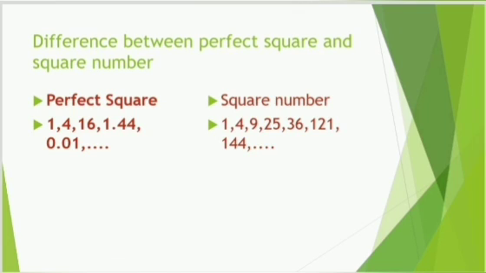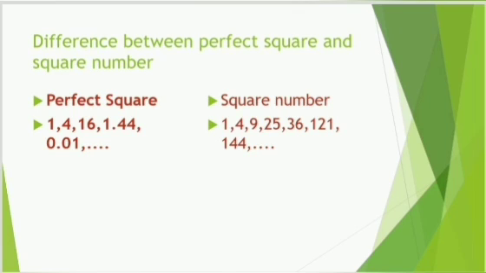All square numbers are perfect squares, but all perfect squares need not be square numbers. Okay children? Example: 0.01 is perfect square. 0.01 can be written as 0.1 whole square.